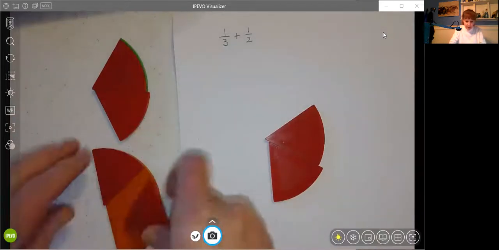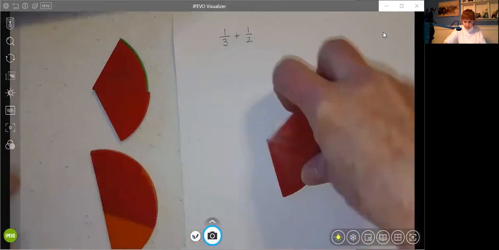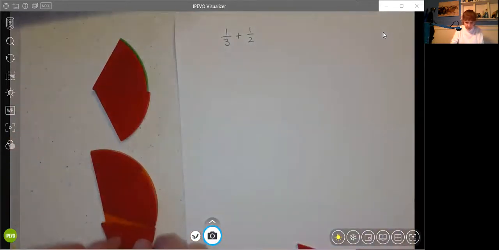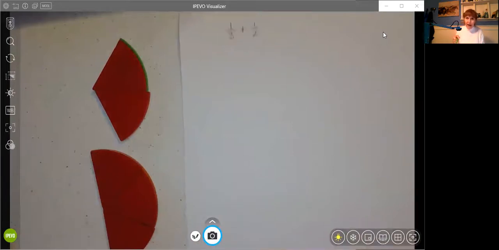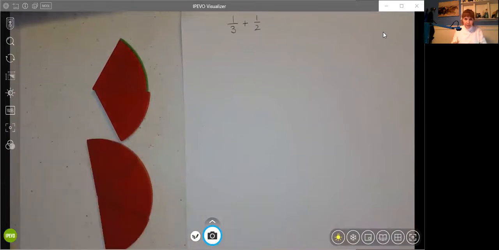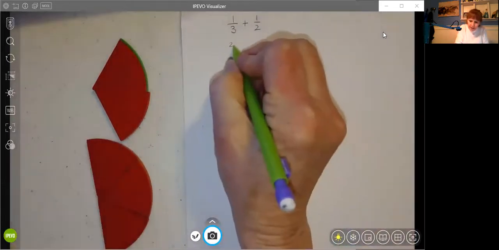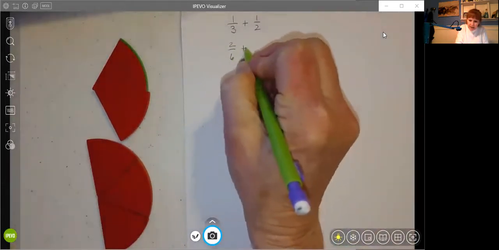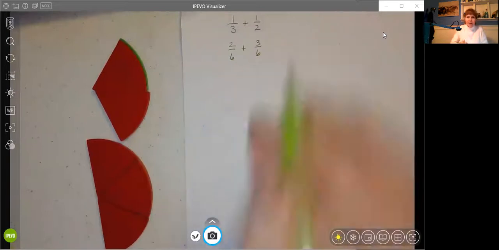And then if I change this, it's kind of like tangrams, trying to fit them together. Rather than 1/3 plus 1/2, I can take 2/6 plus 3/6.